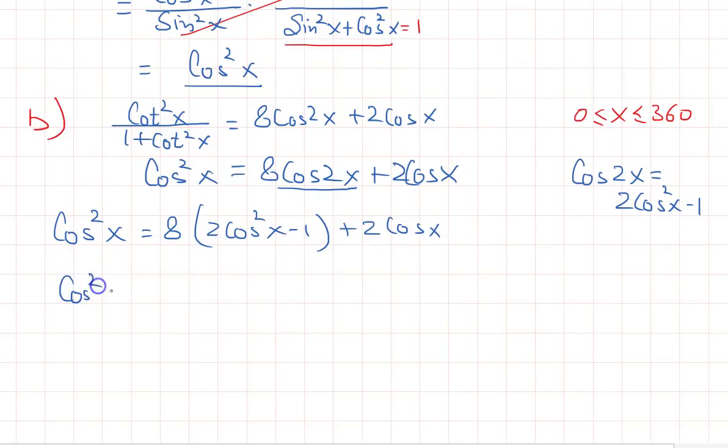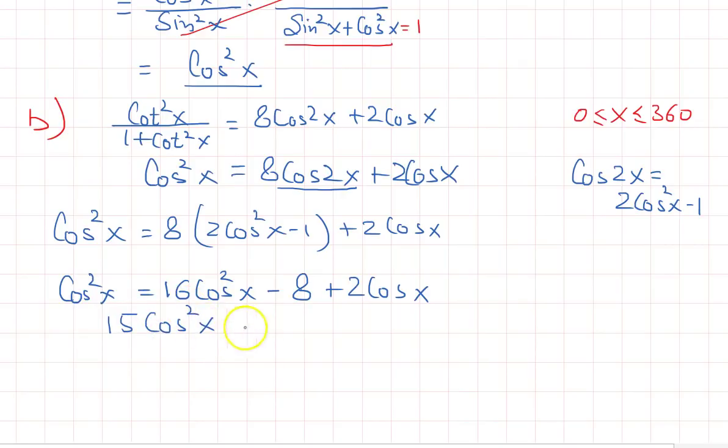So cos square x is equal to 16 cos square x minus 8 plus 2 cos x. Let it come this side, so it will become 15 cos square x plus 2 cos x minus 8 is equal to 0.